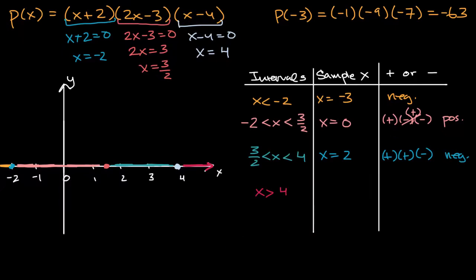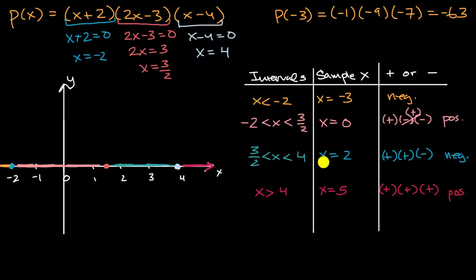And then last but not least, when x is greater than 4, we could try x is equal to, let's say, 5. We are going to have a positive times a positive times a positive. So we are going to have a positive.